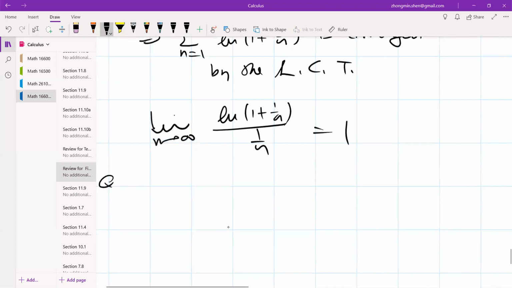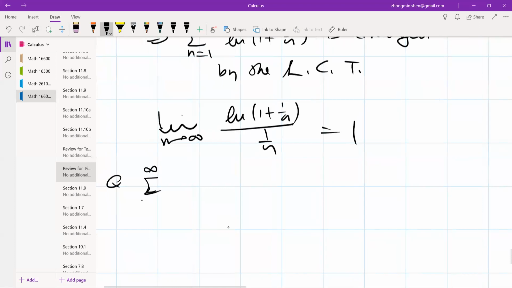Okay, finally, tell me whether this is convergent or divergent.